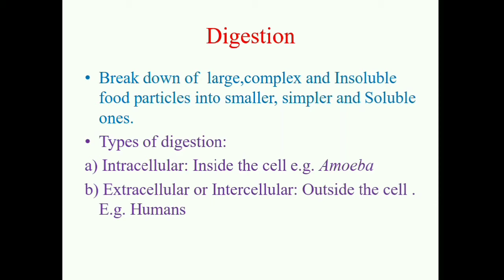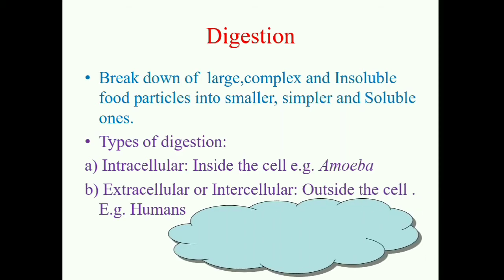Very common examples are humans, hydra and all higher animals including all the vertebrates. Let me tell you, planaria and hydra are 2 examples that show both kinds of digestion. They are very unique, as hydra and planaria both show intracellular as well as extracellular digestion.